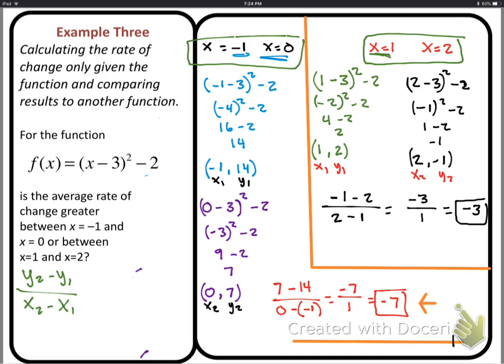Here is 0, -1, -2, -3, -4, -5, -6, -7. So from 0 to -7, the amount we changed was 1, 2, 3, 4, 5, 6, 7. We changed a total of 7 spaces on this one. So the rate of change there was a total of 7.